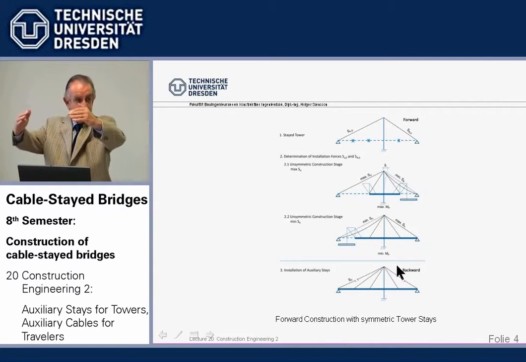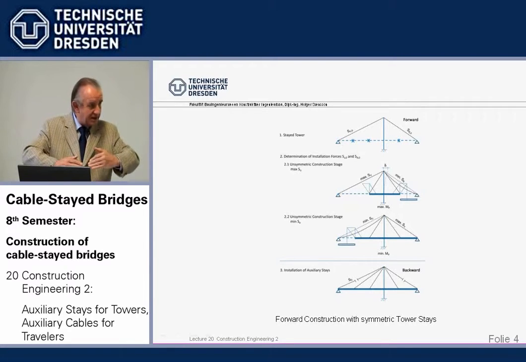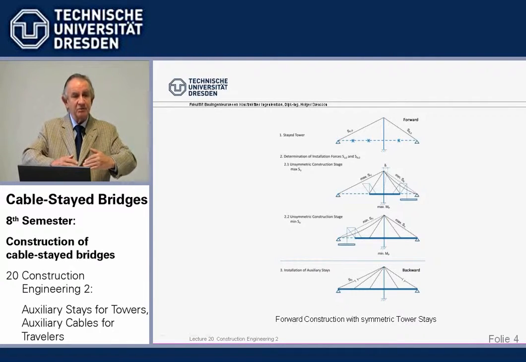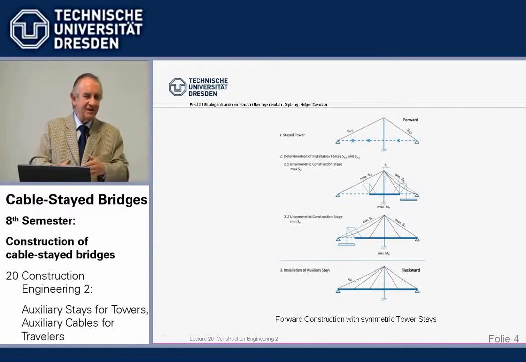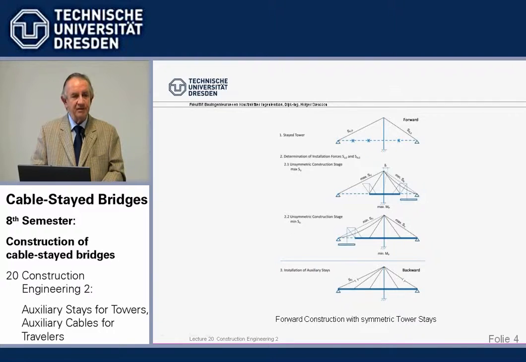So backwards we install it, have it in as long as we need it, and then once we don't need it, which is basically when we have taken out the last beam elements, we remove the auxiliary tower stays with the force which is then there, which should be the chosen force at installation S0.